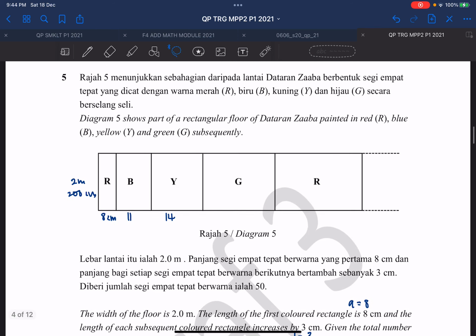So what's the color for 4? The color for 4 is green, and the color for 8 will also give me green. Because 1 is red, 2 blue, 3 yellow, 4 green, 5 will come back to red, 6 blue, 7 yellow, and 8 will give me green. So all the multiples of 4 will give me the color green.